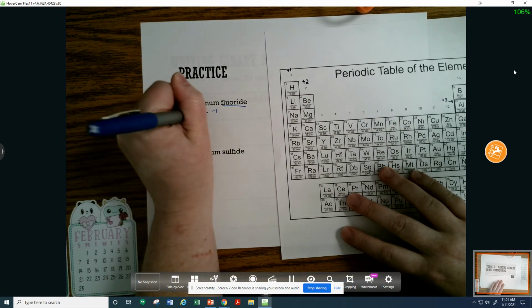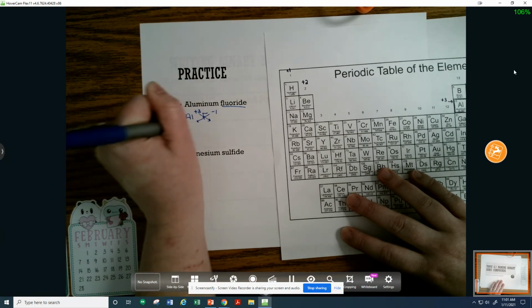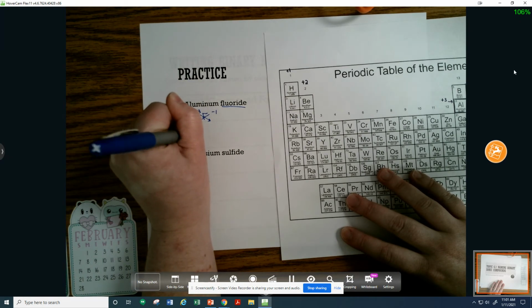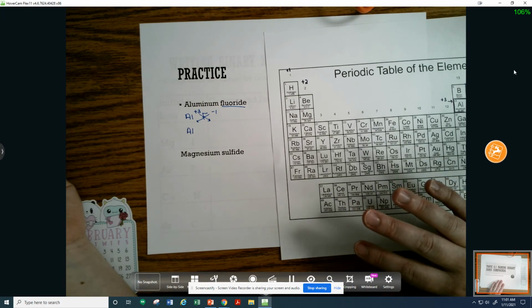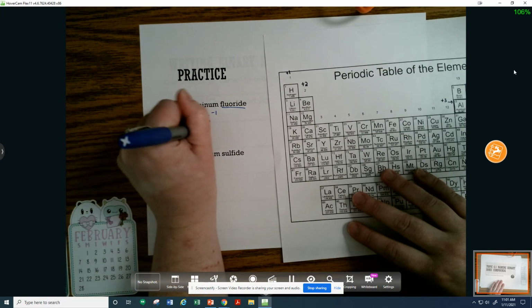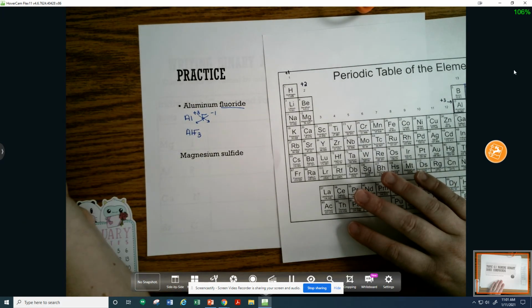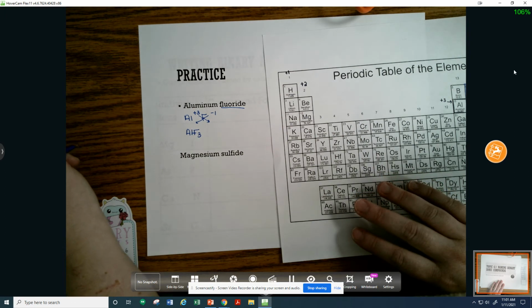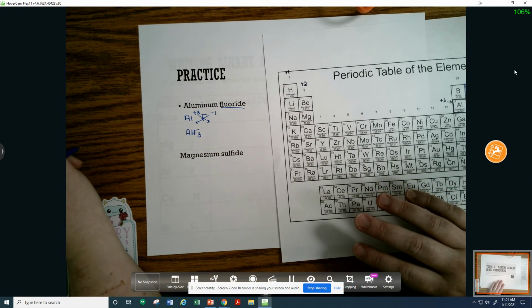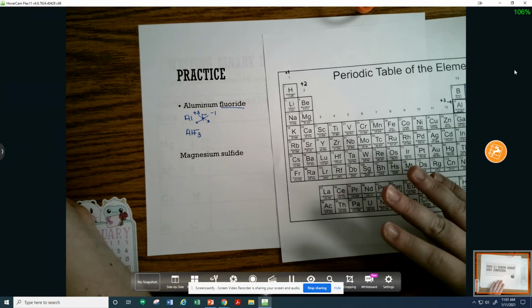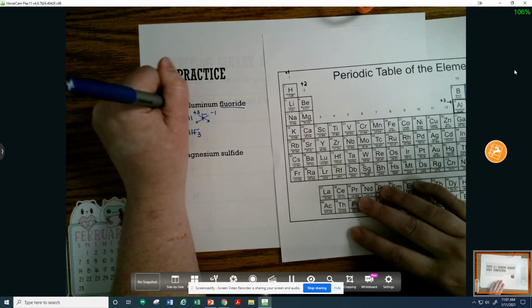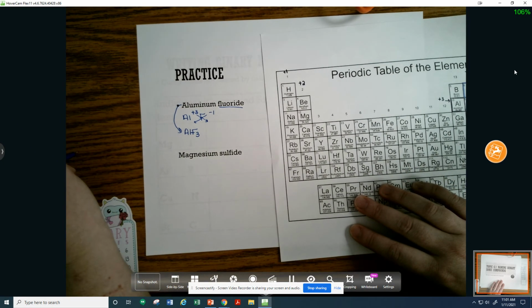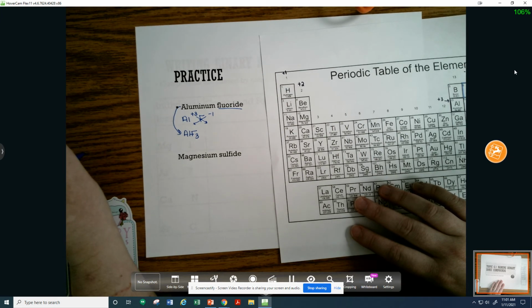We are at the part where we do our cross down step, and this becomes Al with a 1, so I don't need to write the 1, F subscript 3. Again, there's nothing I can do here to simplify subscripts and keep whole numbers, so I am done. So this tells me the formula for aluminum fluoride is AlF3.